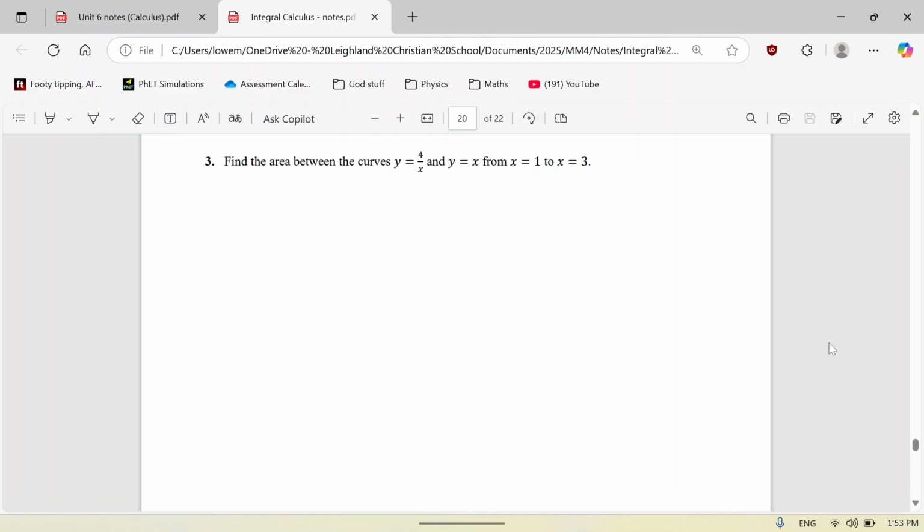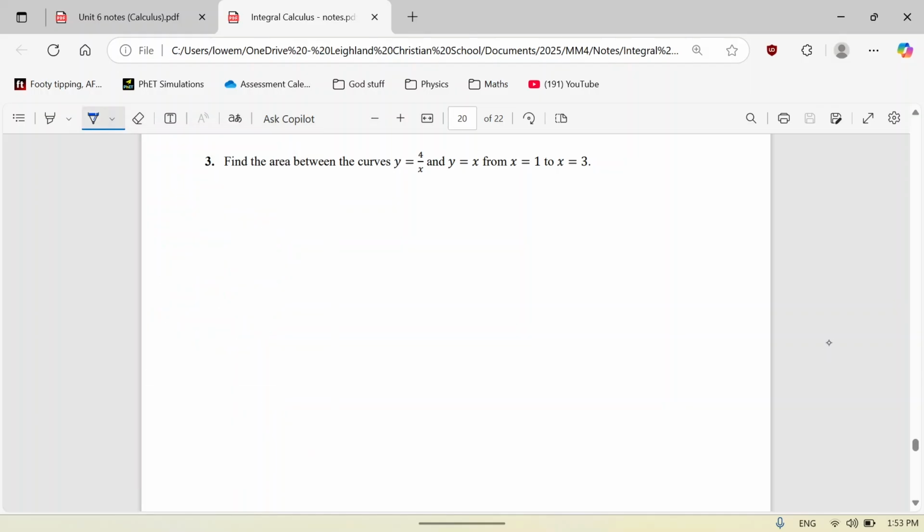Okay, so this last example that we're working on is looking at finding the area between this hyperbola, y equals 4 over x, and the straight line graph y equals x, between x equals 1 and x equals 3.